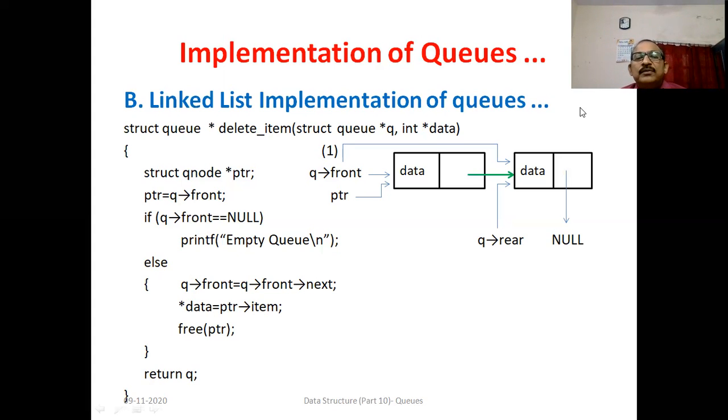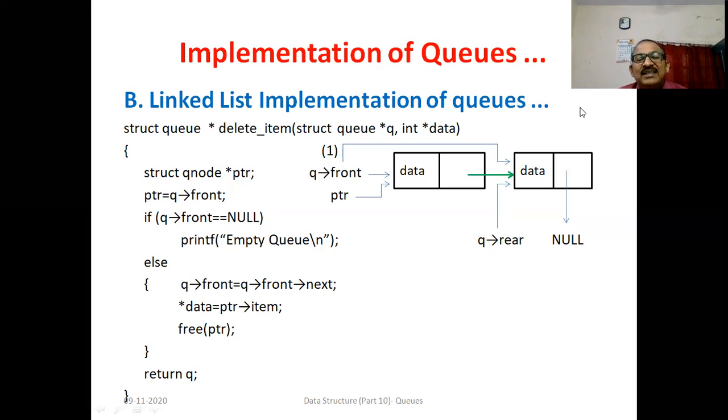Else, what will we do? We simply set queue front is equal to queue front next. Deletion means we simply change the queue front pointer to queue front next. We already set PTR to the queue front, so now PTR is pointing to the old queue front.